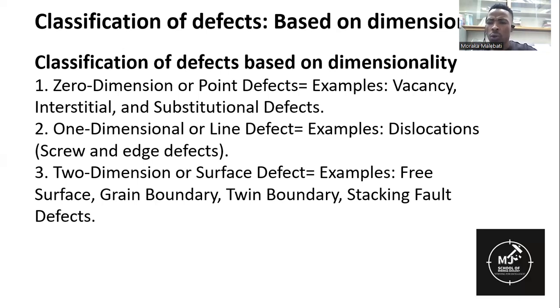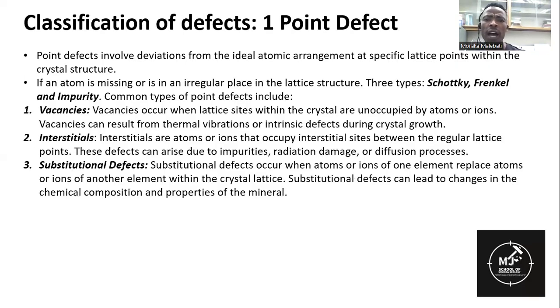We've got 2 types of dislocations: the screw or the edge defect. And last but not least, we're going to talk about the surface defect. With the surface defect, we can talk about the free surface, the grain boundary, the twin boundary, the stacking fault defect. So without any further waste of time, let's start with the 0 dimension.